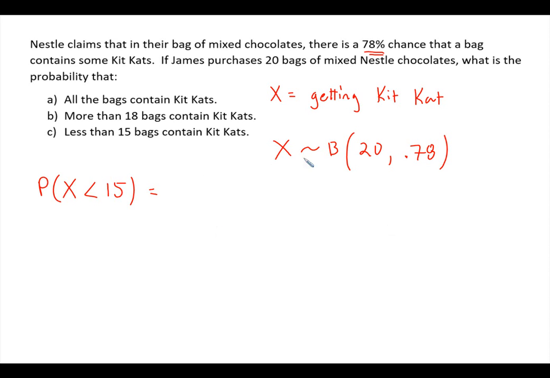There are quite a lot of them, so I'm not going to write them all out, but you get the point. This is going to be a binomial CDF because we have an inequality. We have 20 for our number of trials, and success probability is 0.78. For the lower bound, the lowest value x can be is 0. If this is less than 15, the highest value x can be is 14.